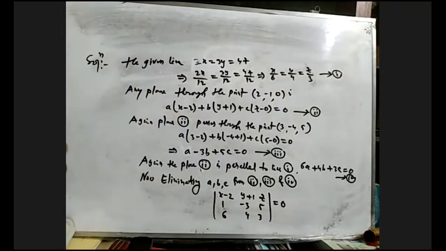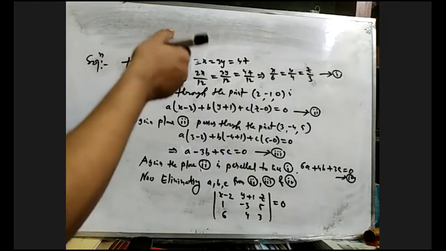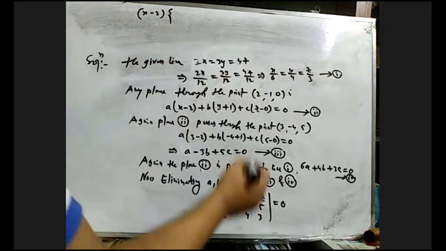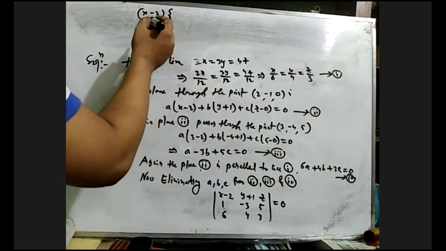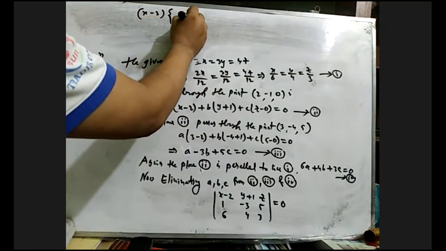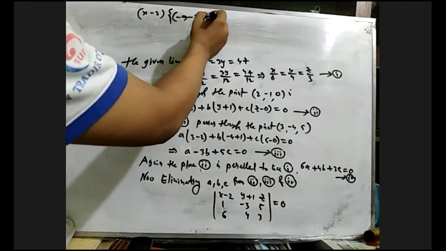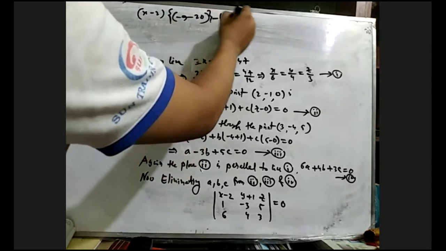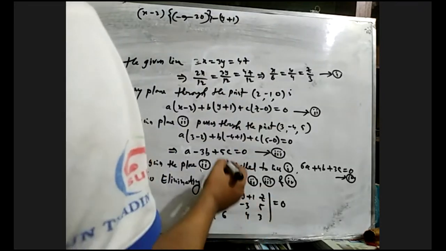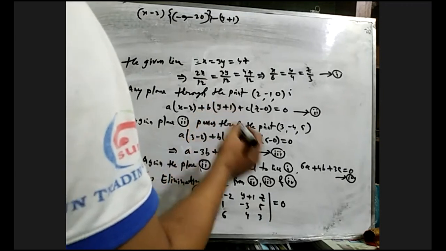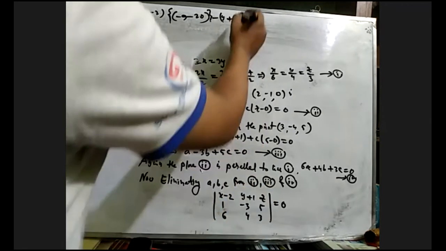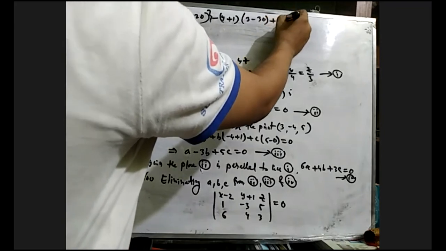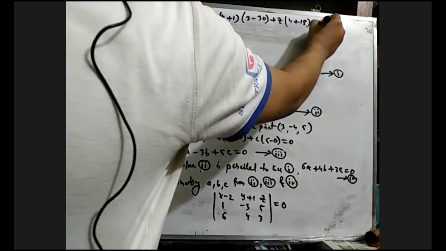Now from this, we can write like this: (x - 2) into (-9 - 20), minus (y + 1) into (3 - 30), and plus z into (4 + 18) equals 0.